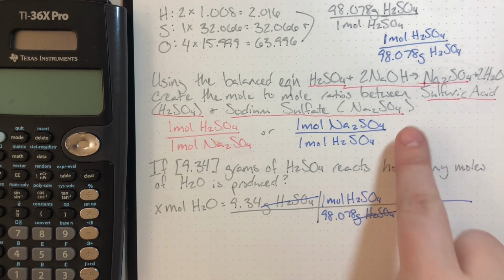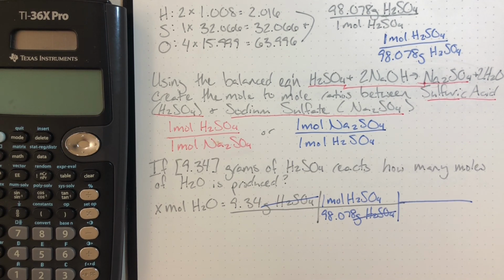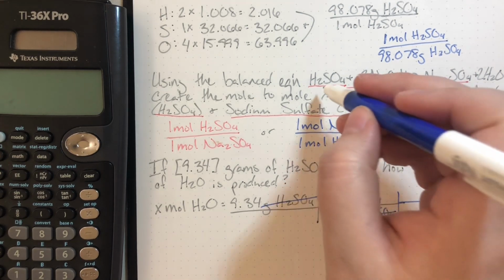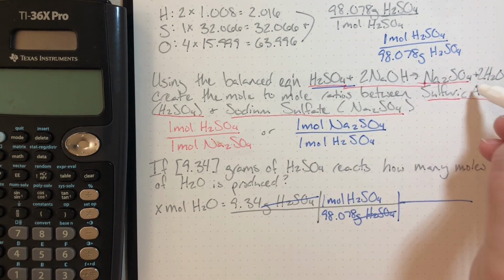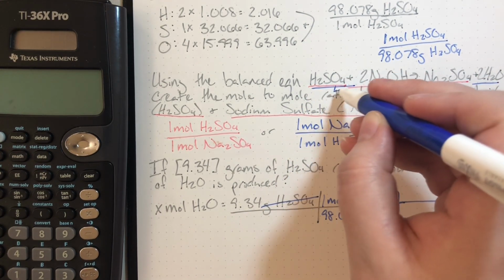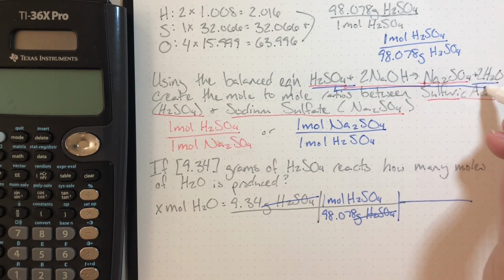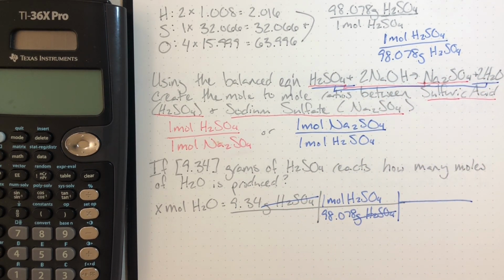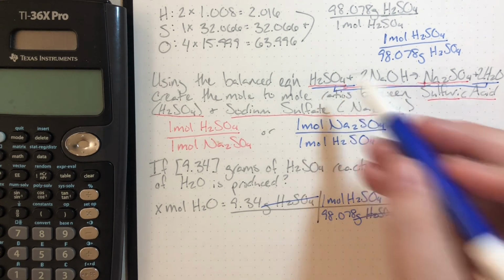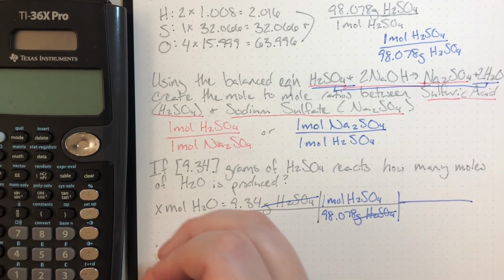That is not the multimole ratio that I found in the previous problem. So I can go ahead and re-establish my multimole ratio. I can use the same balanced equation. I'll differentiate it with a different color. The coefficient in front of sulfuric acid is 1.